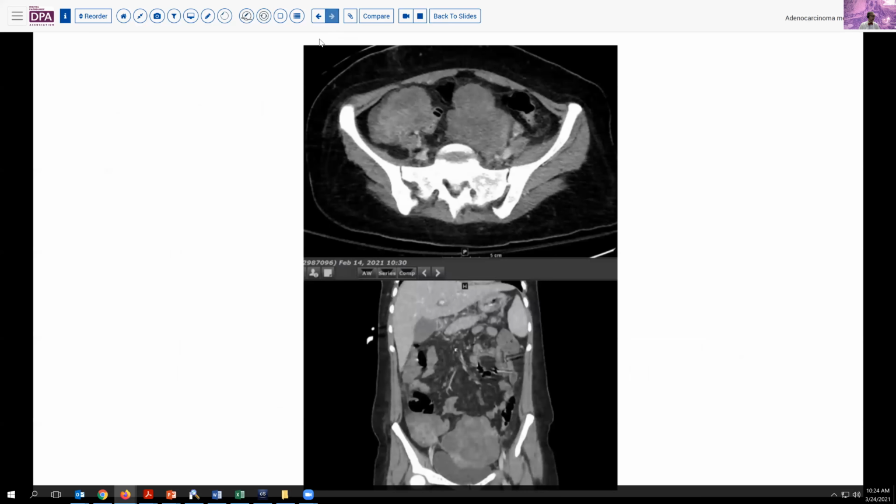So with that, let's express some appreciation first off for our radiologic colleagues who can oftentimes be helpful. This is one example, with large pelvic masses seen both in cross-section and otherwise.